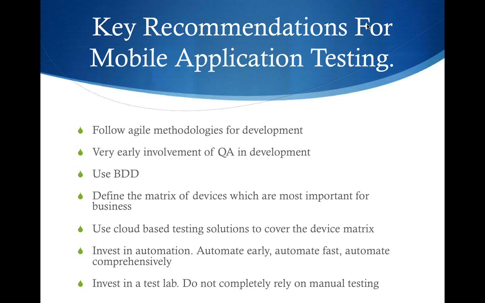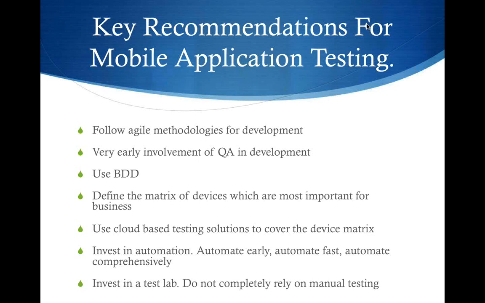So why is this important for QA? Because if your project is not following an agile method, as a QA, you need to push for it. You need to stress with project management that, to ensure the quality of the product, you have to follow agile, which again leads to very early involvement of QA in the development. QA has to be involved right from the conception phase.